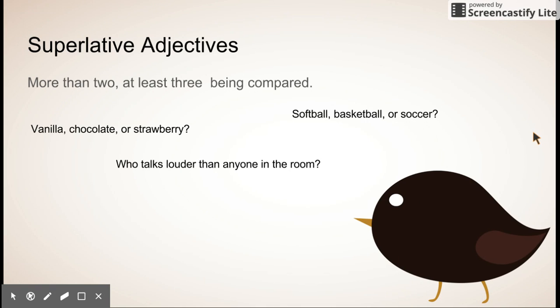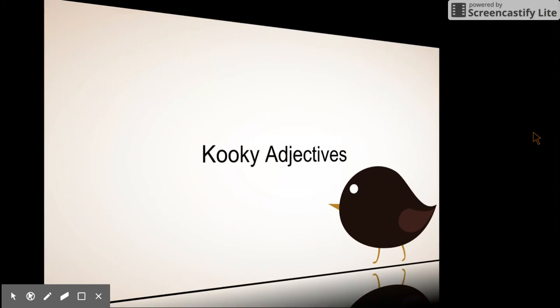We've got softball, basketball, or soccer; vanilla, chocolate, or strawberry. Who talks louder than anyone in the room? You're going to be adding EST or most to these adjectives. EST if it's a smaller word, most if it's a larger word with more syllables.